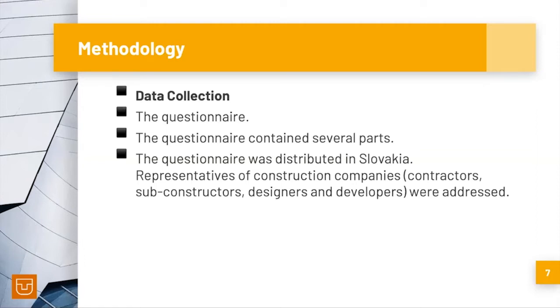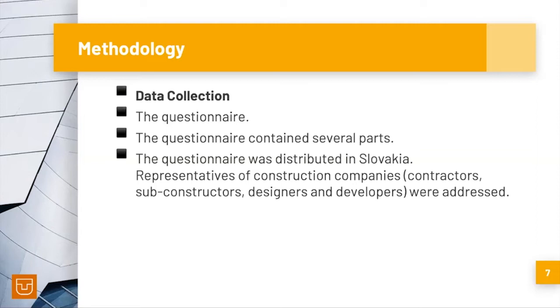The next part was focused on specific information and communication technologies and their use, and a substantial part of the questions focused on the impact of these technologies on costs of construction projects. These data are the basis for the analysis and creation of an economic mathematical model, the so-called cost impact model.